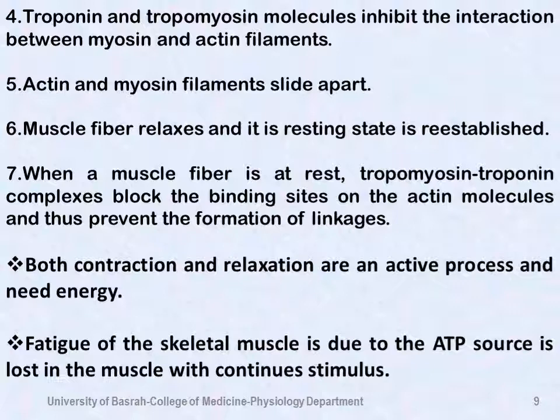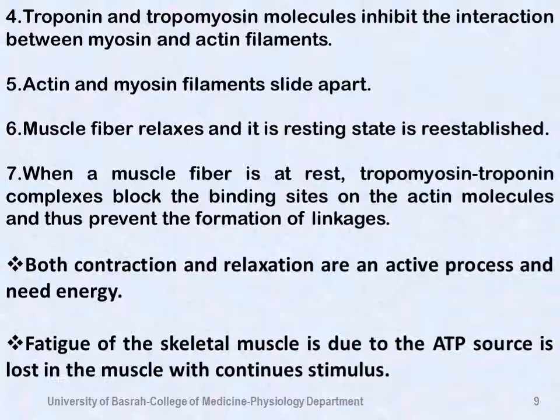Actin and myosin myofilaments slide apart and the muscle fiber relaxes, and at a resting state it returns to its original length. When a muscle fiber is at rest, the tropomyosin-troponin complex blocks the binding site on the actin molecules and thus prevents the formation of linkage and the interaction between the actin and myosin. Both contraction and relaxation are an active process and need energy.